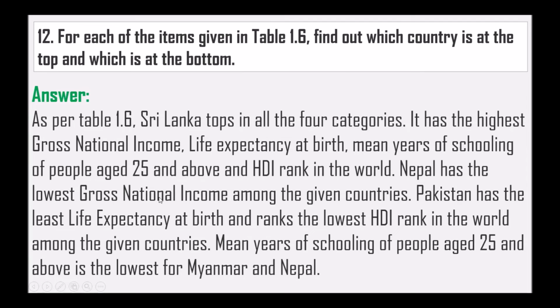Nepal has the lowest gross national income among the given countries. Pakistan has the least life expectancy at birth and the lowest HDI rank among the given countries. Mean years of schooling of people aged 25 and above is the lowest for Myanmar and Nepal.